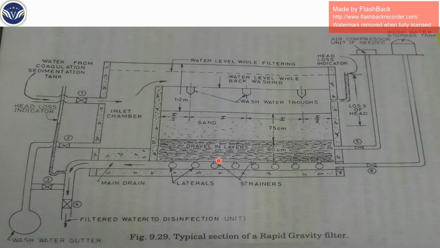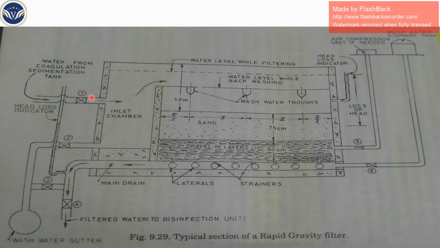When sufficient washing is done, you close valve number 6 and valve number 2. You open valve number 1 and valve number 3, and you supply raw water. You do not open valve number 4 because some impurities will be present. Those have to be removed through valve number 3, which is connected to the gutter, and this continues for a few minutes.